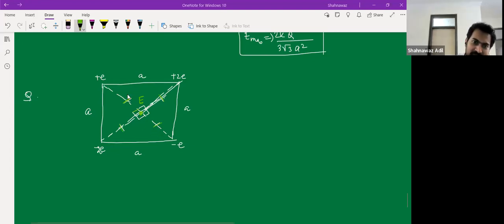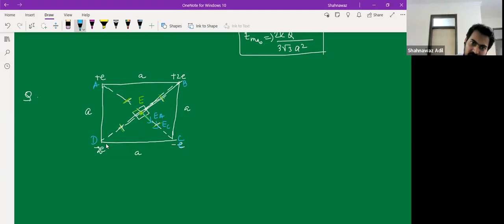Let's repeat that. Due to this charge, the electric field will be in this direction. Let's say these are points A, B, C, and D. Due to this charge, the electric field would be in this direction, so this is EA. Due to this minus e charge, which is negative, the electric field again would be in this direction.